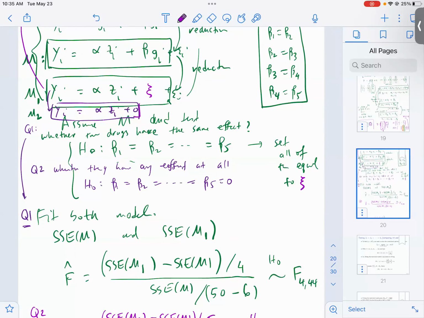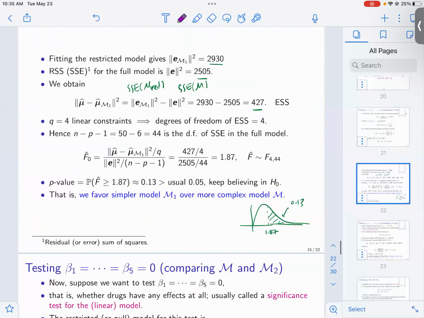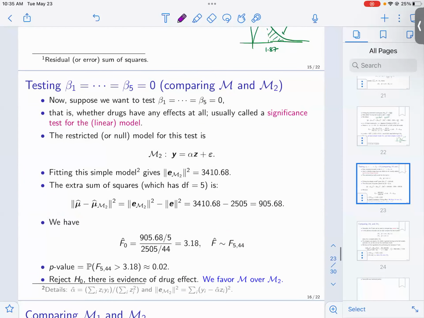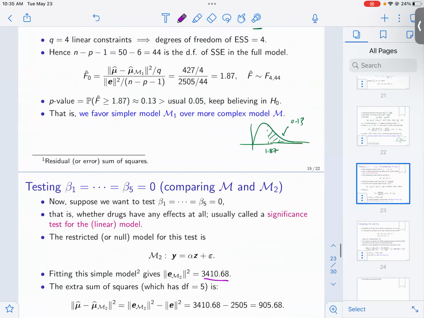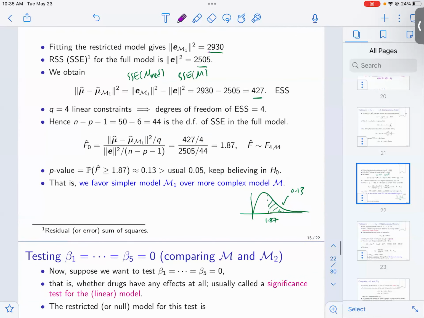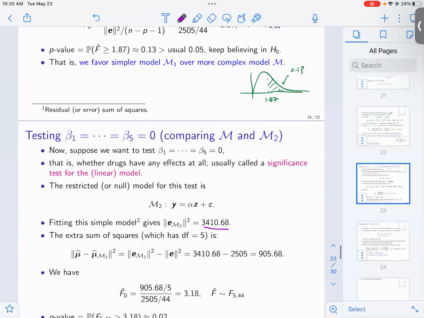Okay, so what you do is you fit the new model, which is just a very simple regression, this model. This is M2. The SSE is going to be big. So you can see this is the SSE of M1, which is about 2,900. The SSE of M2 is even bigger because it's below M1.